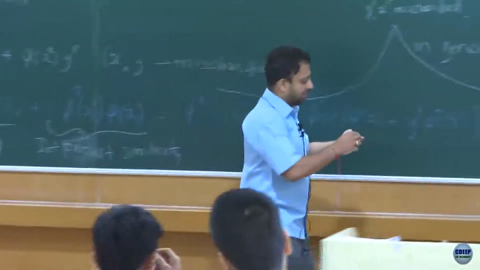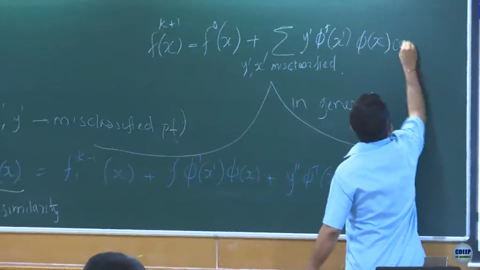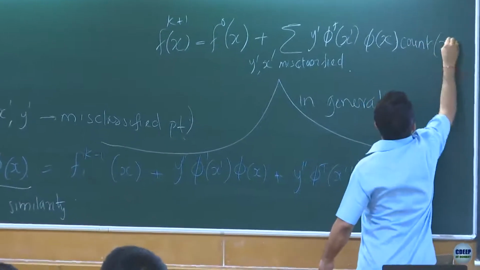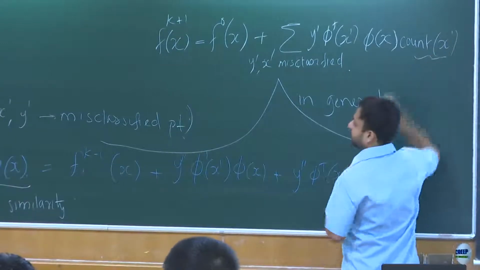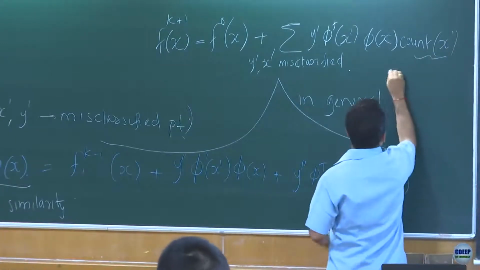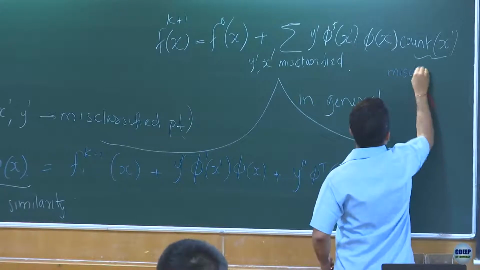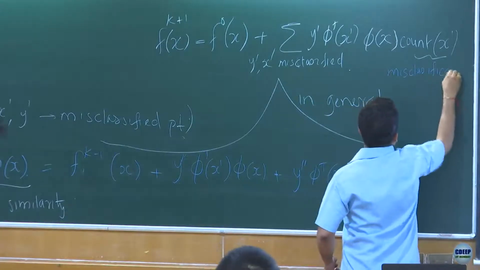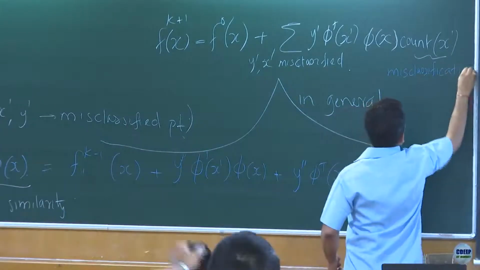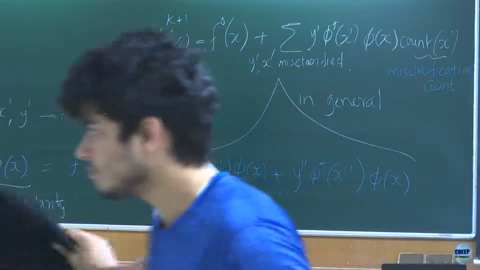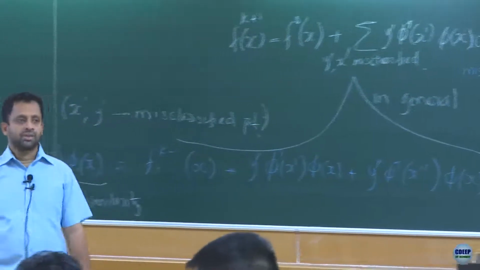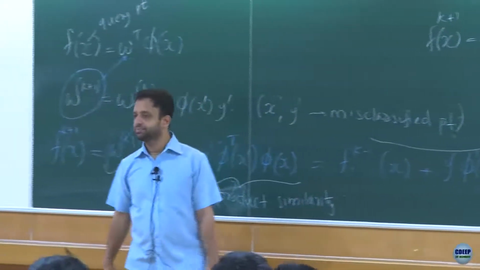So you could, if you want, just say times count of x prime, the count that x prime was misclassified. It's a misclassification count. Does that make sense?